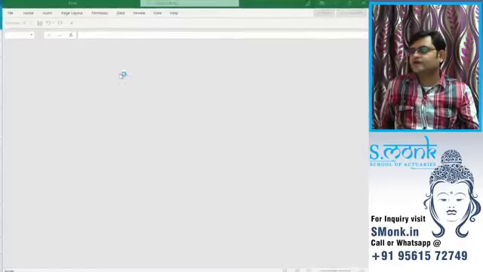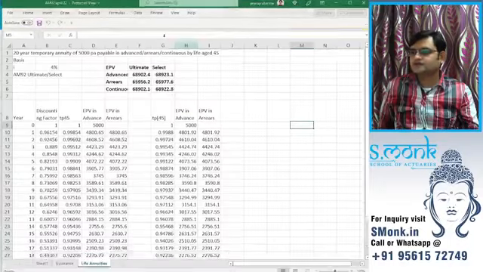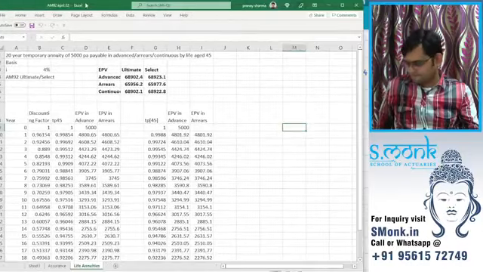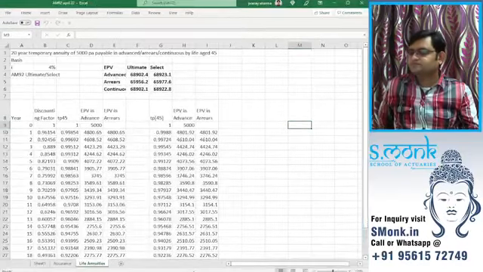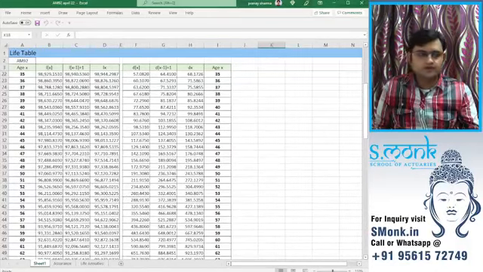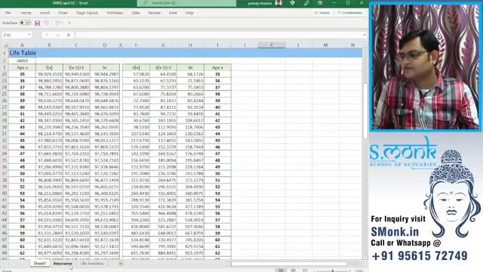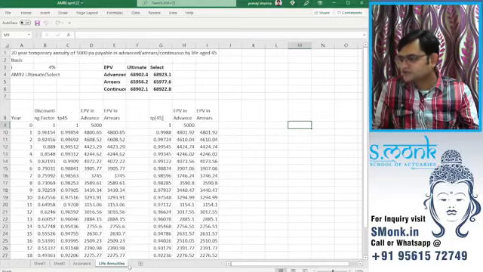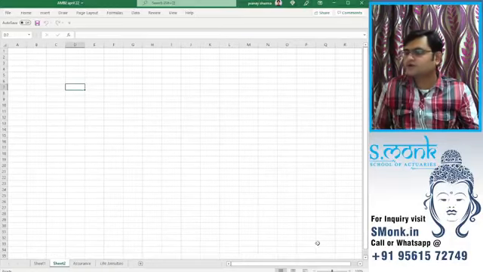Okay, this is the file that we used last time. So this is our AM92 sheet here. Now what we are trying to do is make our loss function for different values. If the person survives for a certain number of years, then what would happen? And if the person survives for a certain number of years, I'll just make a new sheet here. Sheet 2.